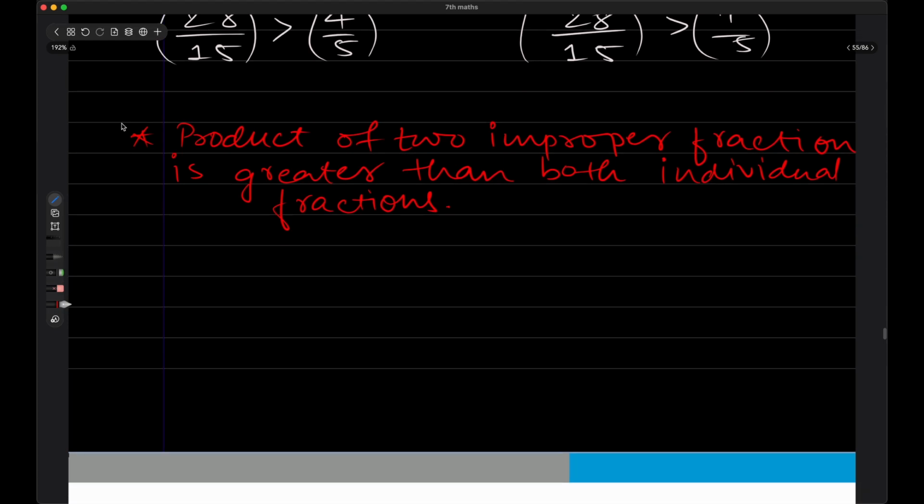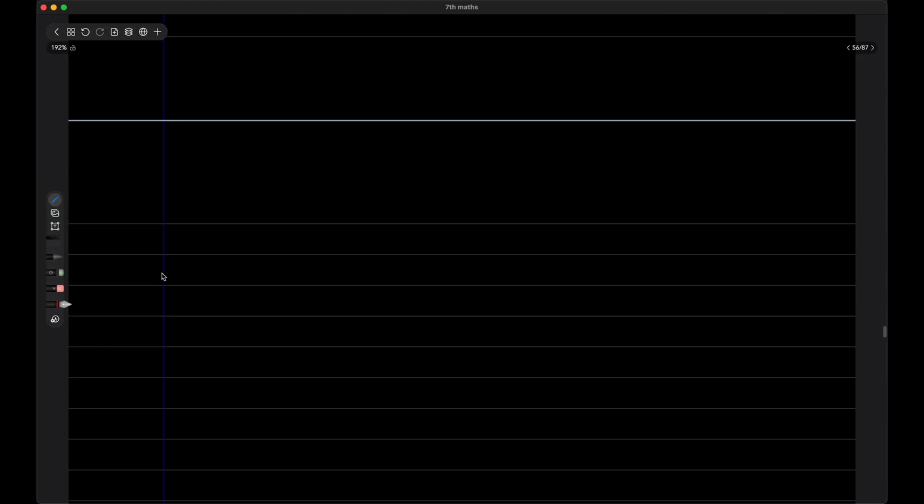Now let us take the case of one proper fraction and one improper fraction.